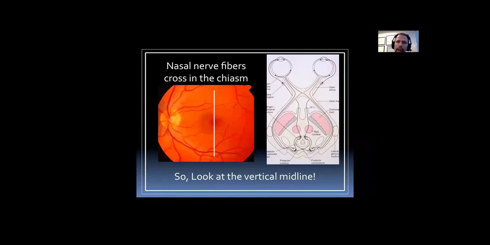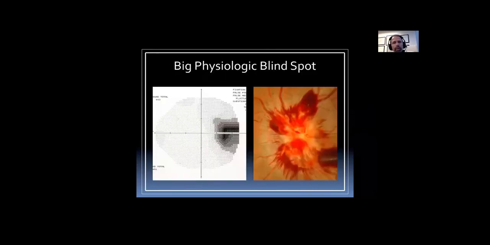So the third anatomic correlate is that nasal nerve fibers cross in the optic chiasm. So you want to look closely at the vertical midline. And then I want to show this because this doesn't really fit into our three anatomic correlates, and that is the big physiologic blind spot. So the question is, why do you have a blind spot to begin with?